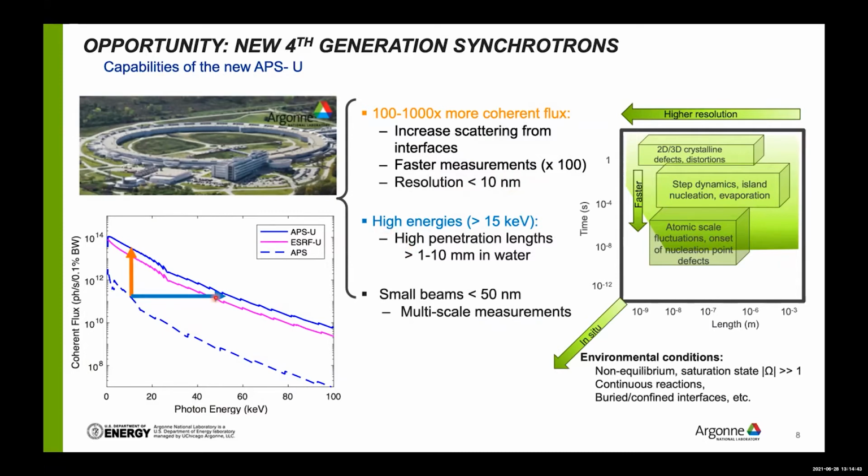But very importantly, this gain in coherent flux will also happen at high energies, which will increase the penetration length of coherent X-rays and therefore broaden significantly the collection of in situ conditions that can be accessed with coherent X-rays. Last but not least, we will also benefit from small beams, which will enable these multi-scale measurements.